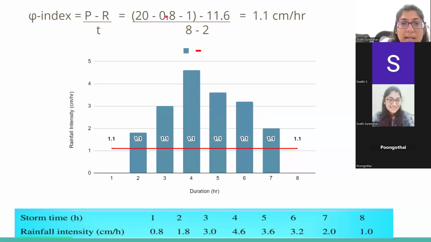So from 11.6 you are first going to remove 0.8 and 1. So from 11.6 you will minus 0.8 minus 1, which is 9.8, divided by 6.